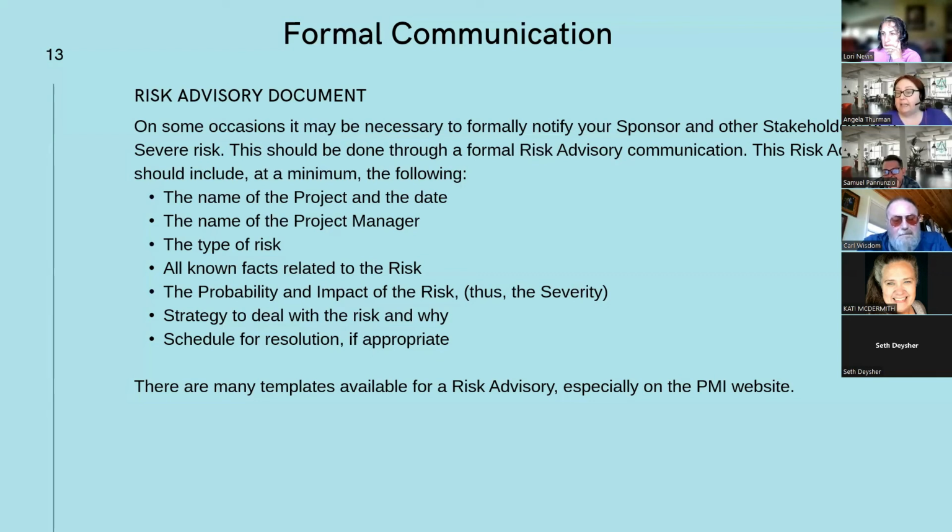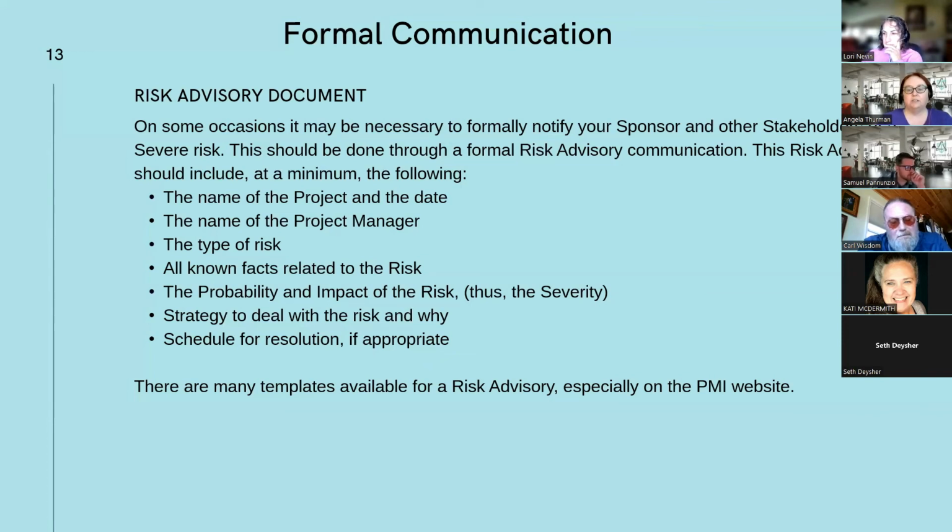But if you're going to mitigate the risk, what are you going to do to mitigate that risk, and what is the schedule for that? Because if you're facing a severe risk, you want to communicate that formally to your sponsor as soon as possible, because you do not want your leadership to be blindsided by a risk which may become an issue, and that could derail the project or have further ramifications to the organization.